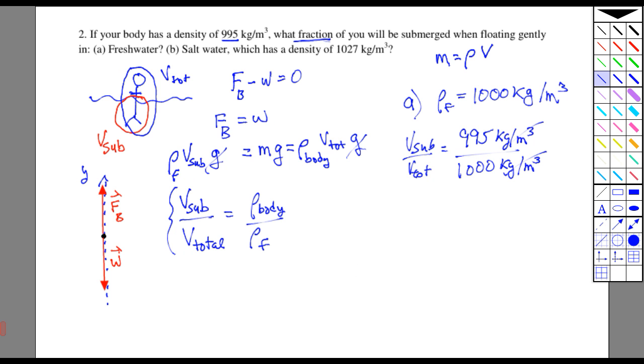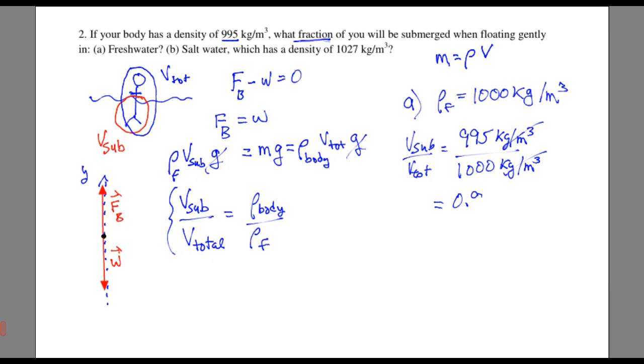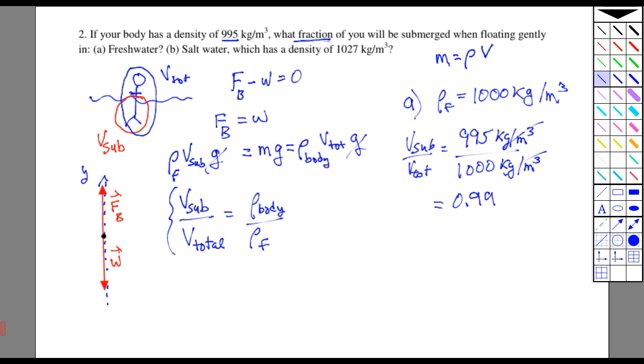Notice that all of my units cancel, and this is just 0.995 or 99.5%.